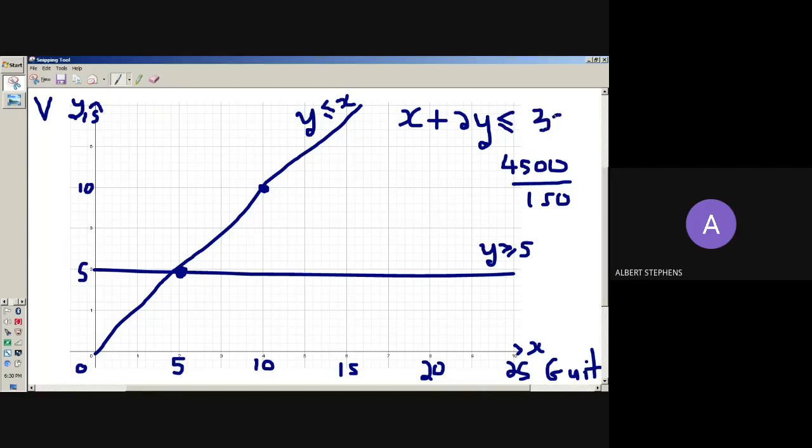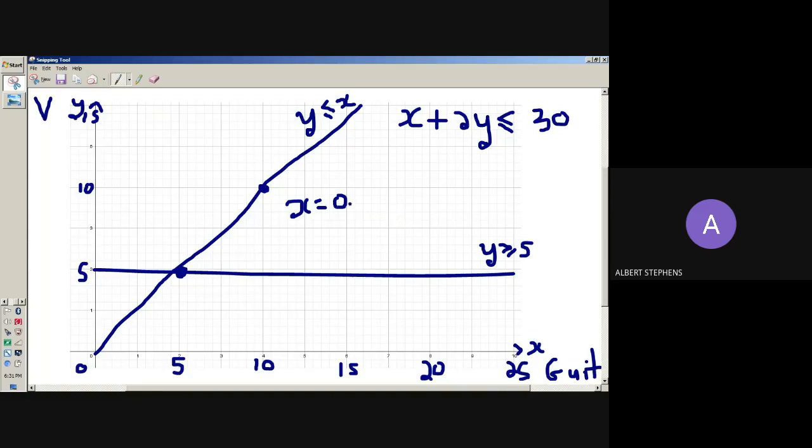So what do you notice, class? This is actually easier to work out than the other one, don't you? So what do we do now? We say, okay, let x equal to 0. We still need 2 points to plot our straight line.